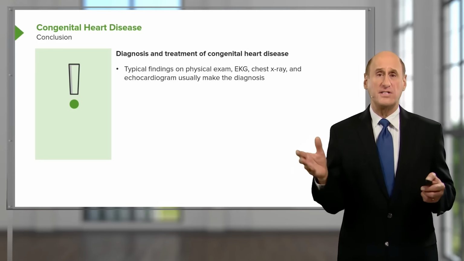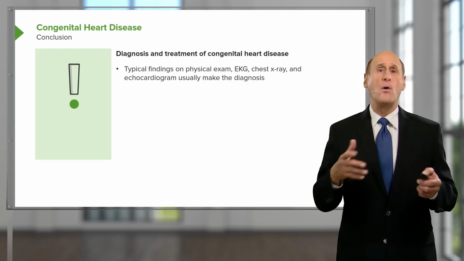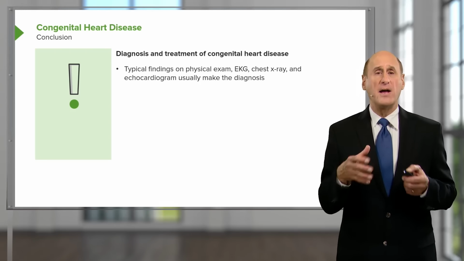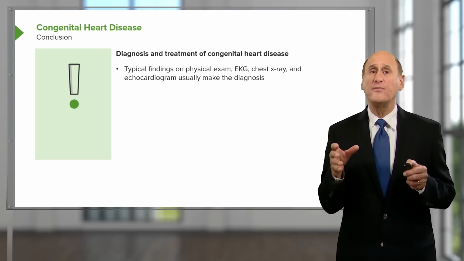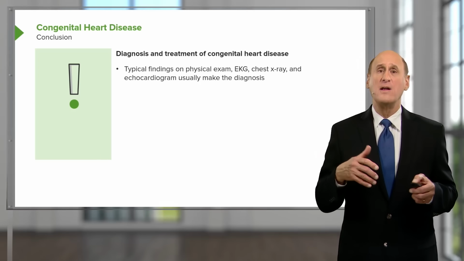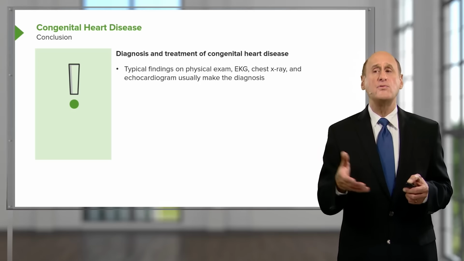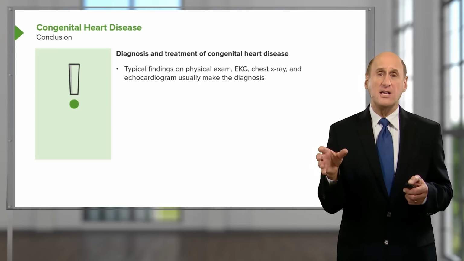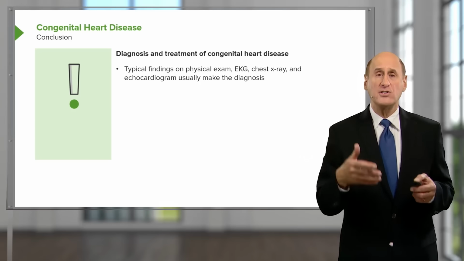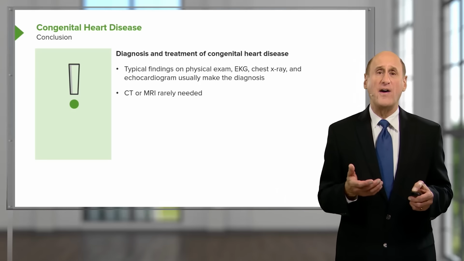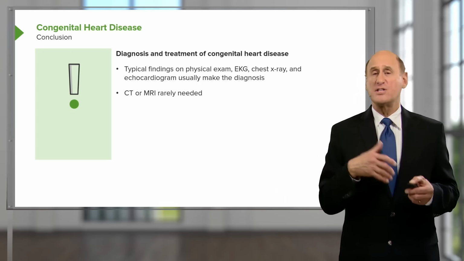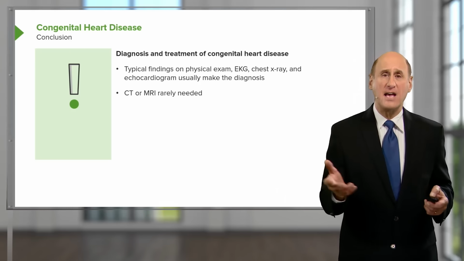I didn't go into this in great detail because it's a whole area of itself, but suffice it to say that with careful thought and examination, the adult cardiologist can usually identify these lesions based on the patient's history and the physical findings. And of course, this is followed up with a number of imaging tests.